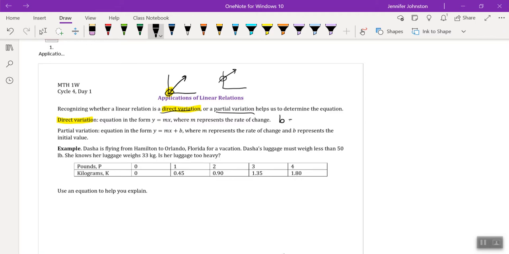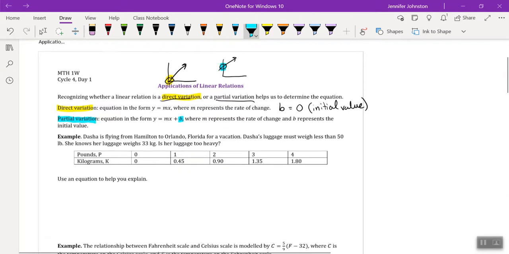So here b is equal to 0, so the initial value is 0. For partial variation, we are partially up the graph, and we can see that there's an initial value here. Our initial value is b, and whatever the line is going up by is m. That represents how much we're increasing by.